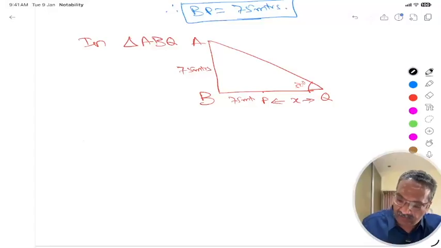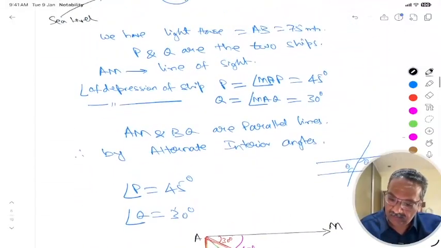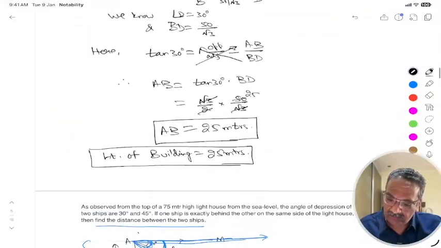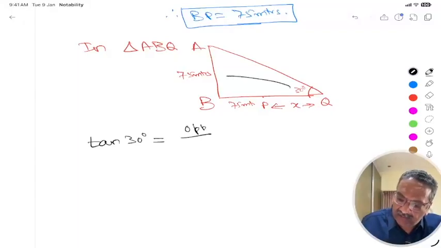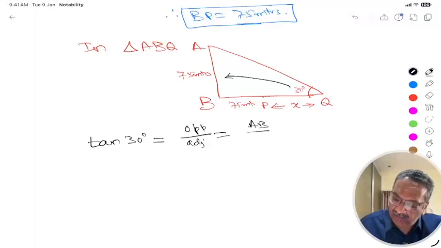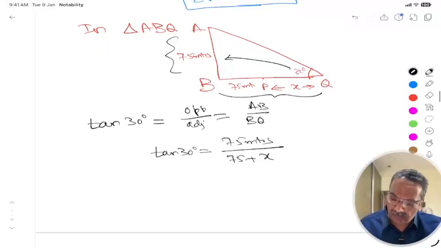So now in this, tan 30 degree is equal to opposite by adjacent, so 30 degree the opposite is AB, divided by BQ. This is nothing but AB by BQ, or tan 30 degree is equal to AB which is 75 meters divided by BQ which is 75 plus X. Alright. Now what is value of tan 30?